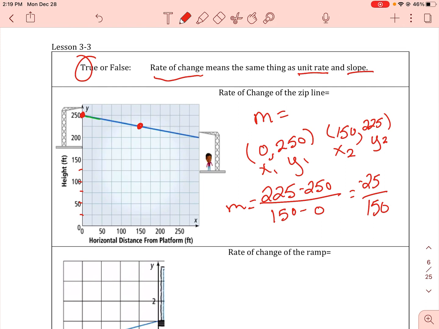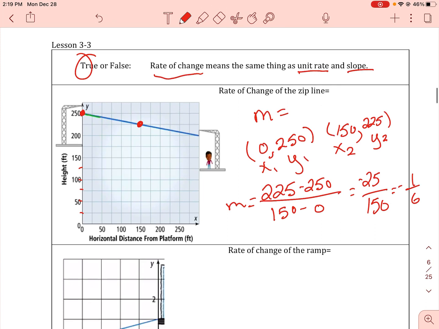And we will have to reduce this fraction. So it is negative because it's going downhill. And when you reduce fractions, 25 goes into 150 six times. 25 goes into 25 once. So you get a slope of negative 1/6.